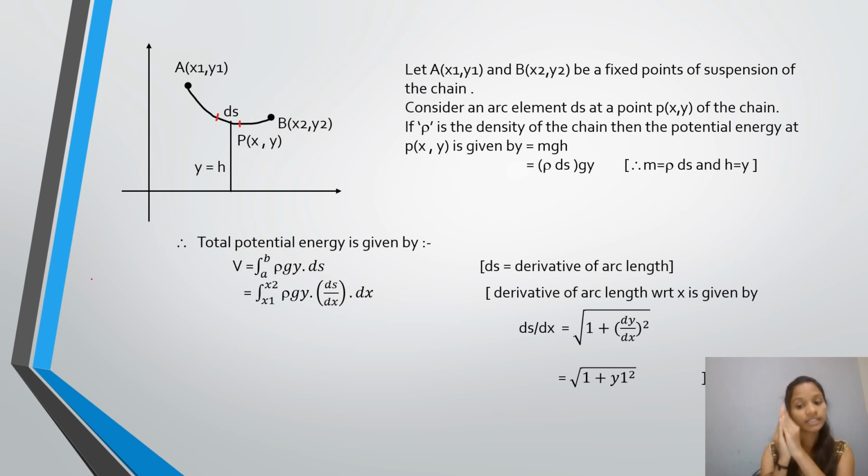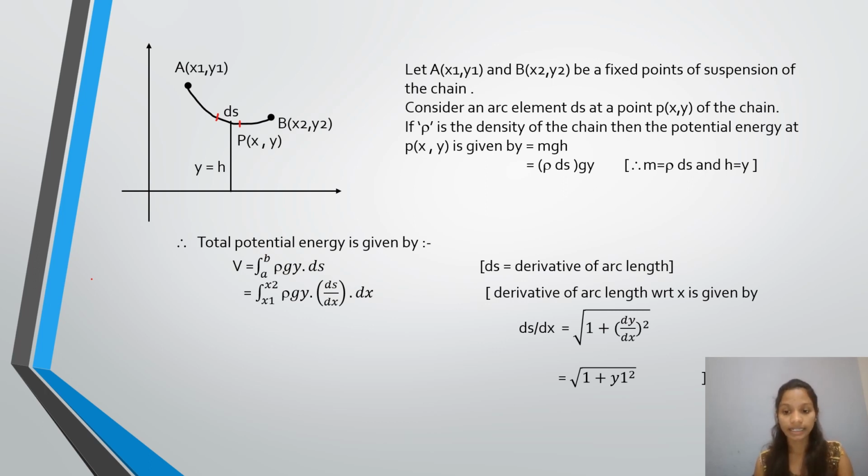So according to this figure, the potential energy equals the integral from x1 to x2, from A of x1 to B of x2, of rho into g into y, that is density and gravity, into ds. If we derive the arc length with respect to x, ds is given by ds by dx into dx.